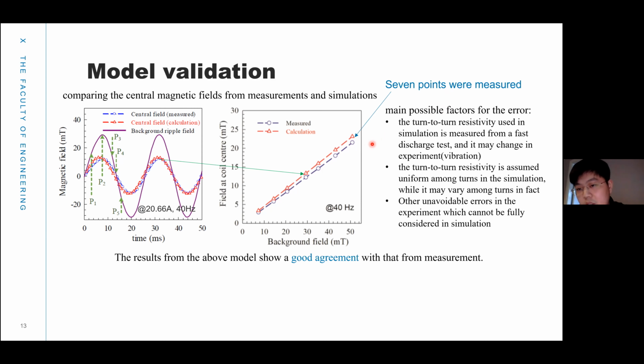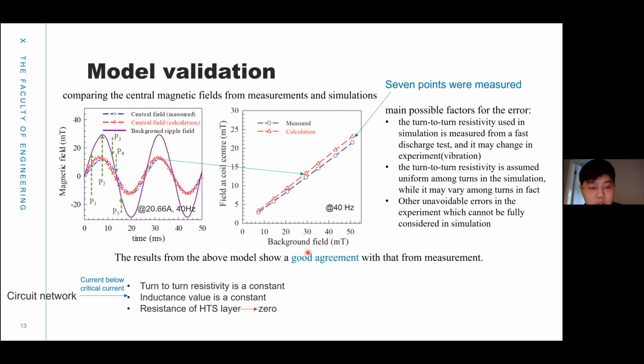And also, the resistivity is assumed uniform among the turns in simulation, while in fact, when we wind the NI coil, it may change. And there are other unavoidable errors in the experiment, for example, unavoidable inductance and capacitance from the environment.